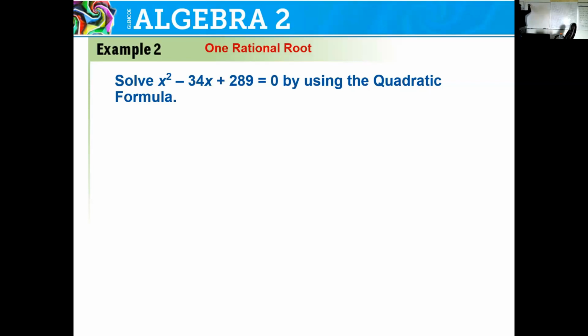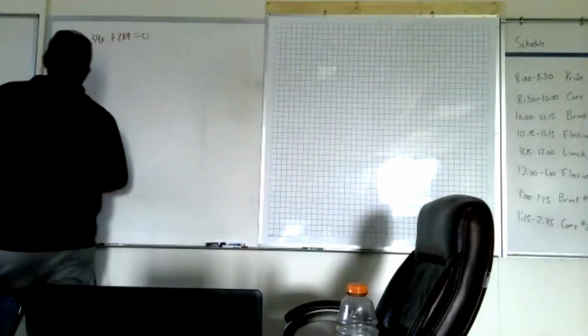So x squared minus 34x plus 289 is equal to 0. And we will run it through the quadratic formula.